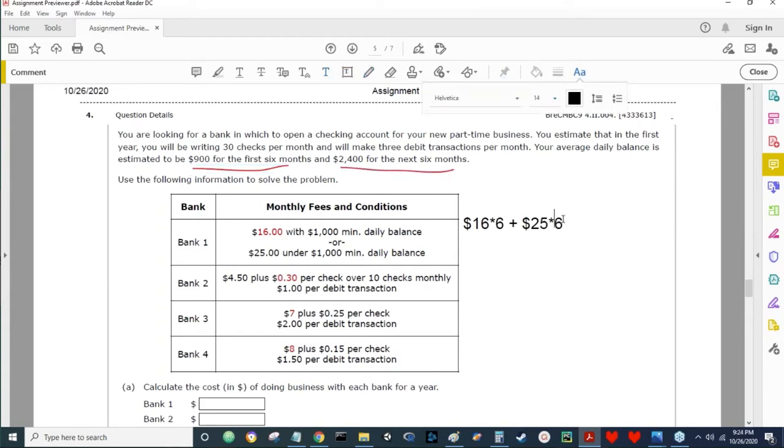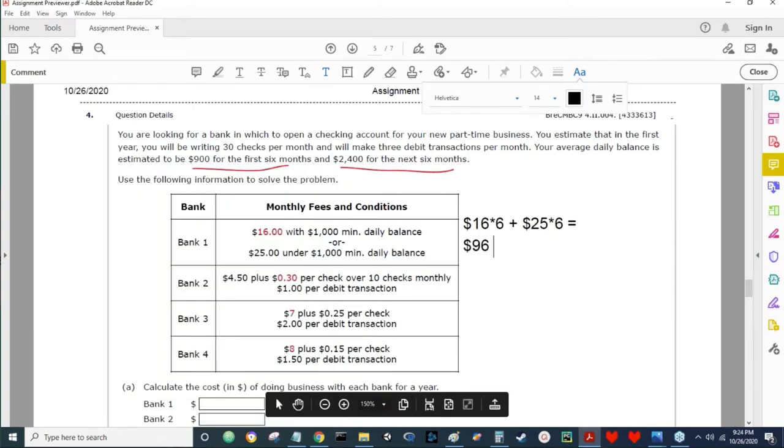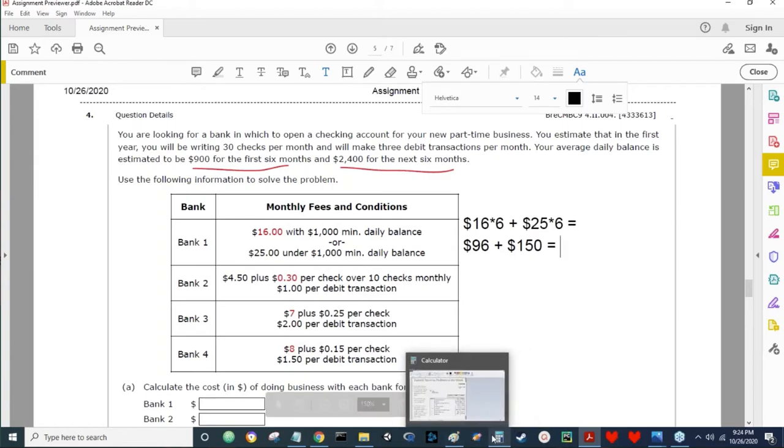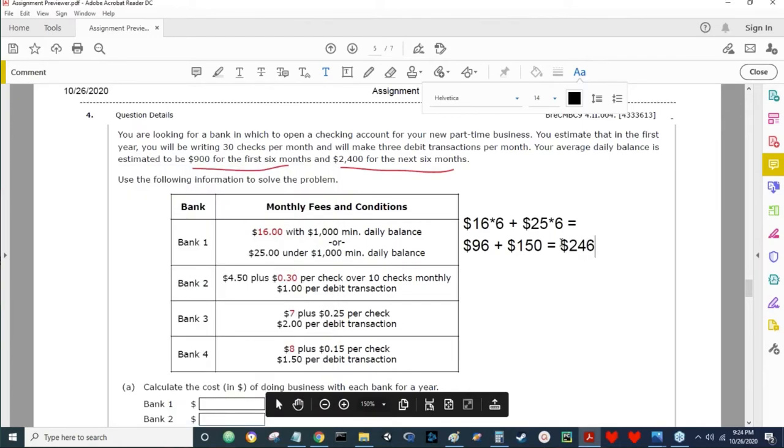And that's everything. Now we can calculate how much this bank's going to cost. So 16 times 6 gives us $96 for 6 months, and 25 times 6 is $150 for the other 6 months. Bank One costs us $246 a year.